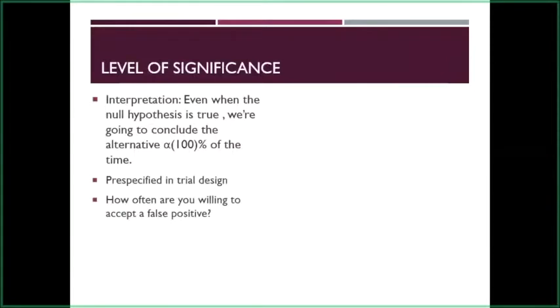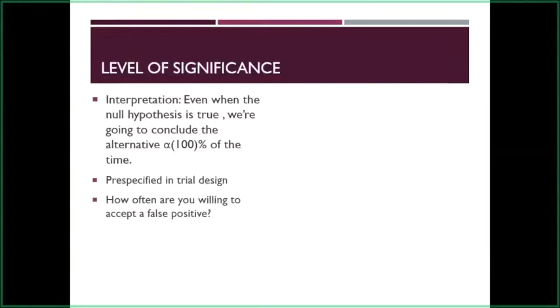But everybody knows that it has to be 5%, right? Only it doesn't have to be 5%. It is very often assumed that it has to be 5%, but in reality, it should be chosen to reflect the consequences of making this decision.